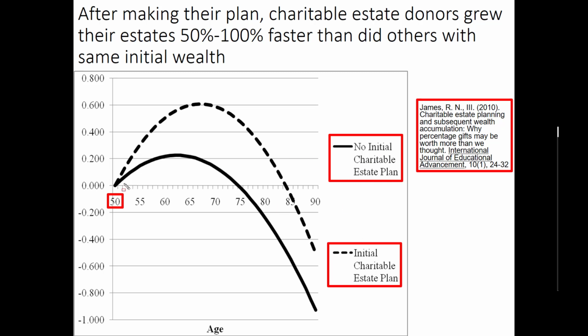So for people, which is, again, 95% of the population, 94%, for people age 50 and above, with no charitable estate plan, we see that their wealth goes up, up, up, and then it peaks. We're peaking around here. This is around retirement age.